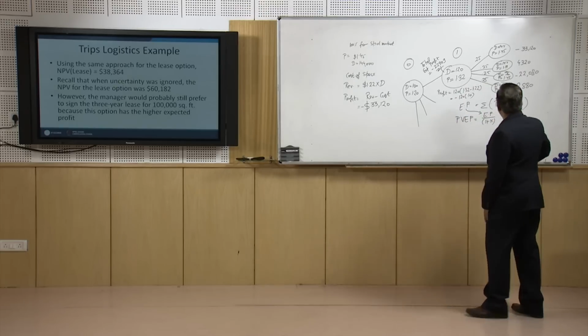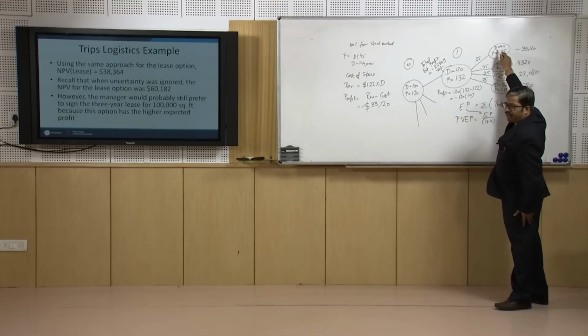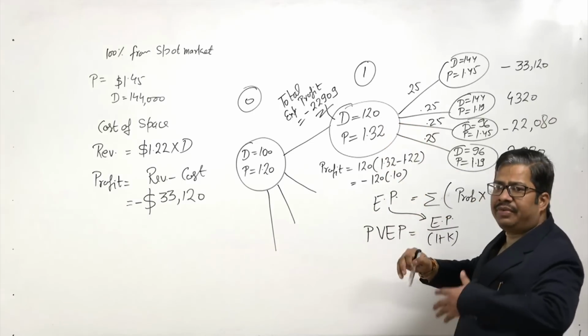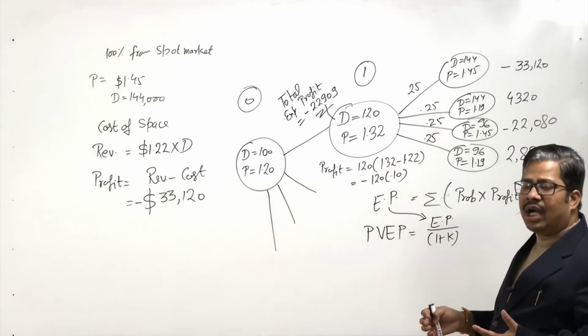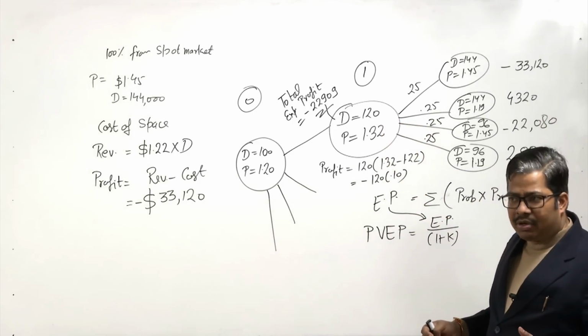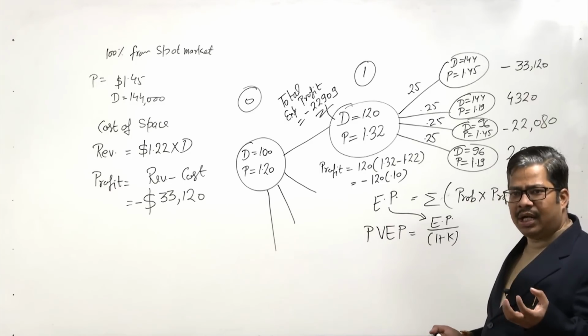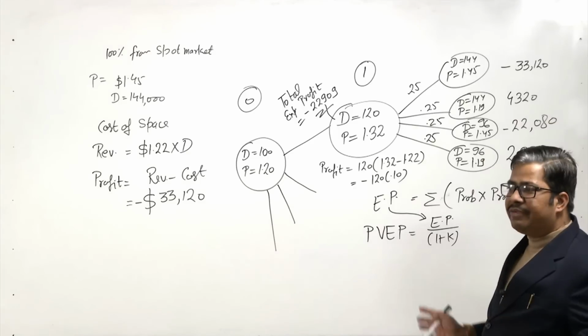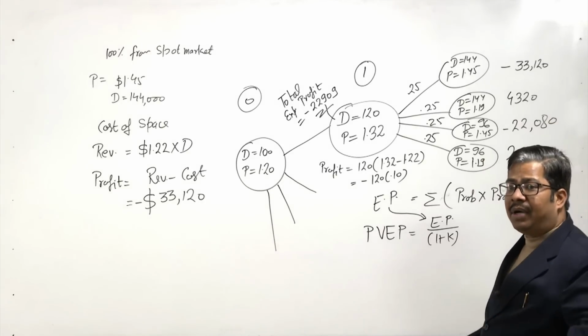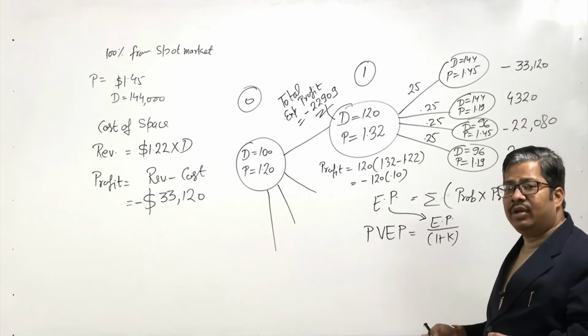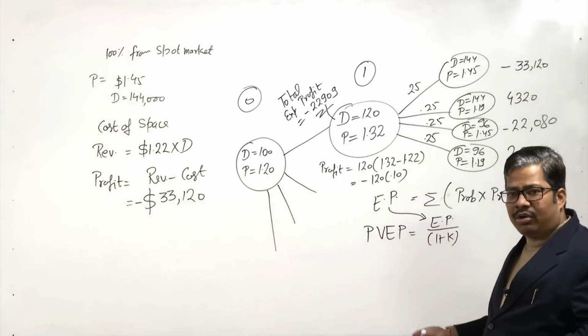So when my demand is 144 or 120, these types of additional requirements I may not be able to fulfill, because my area is only 100,000. So for 100,000 I will be fulfilling from my warehouse. The additional demand I will not be able to fulfill because I do not have space.